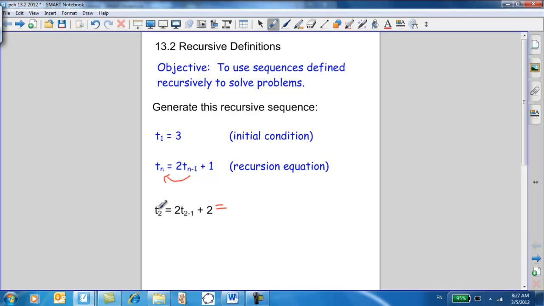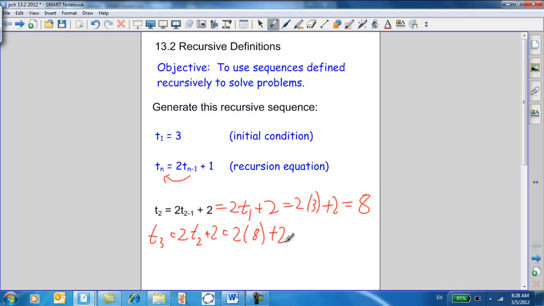So in this first example, t sub 2 would be twice t sub 2 minus 1 plus 2, or twice t sub 1 plus 2. So that's twice 3 plus 2, which equals 6 and 2 is 8. And so t sub 3 would be twice t sub 2 plus 2, twice 8 plus 2, and we get 16 and 2 is 18.